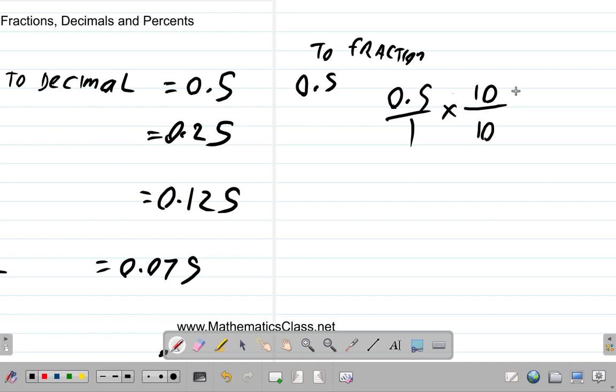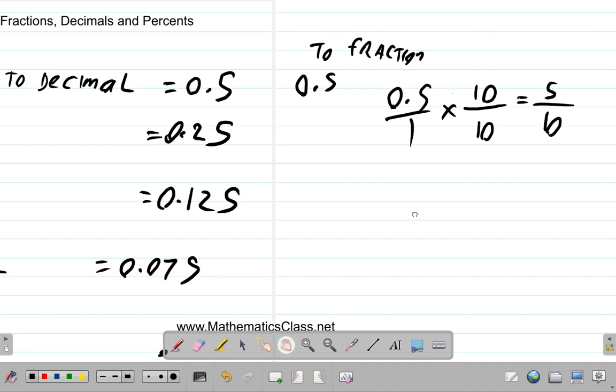When you multiply the numerator by 10, you make it 10 times bigger, so we have to compensate and put it back. Multiplying the denominator by 10 makes it 10 times smaller, right? So the top, 0.5 times 10, gives 5, and 1 times 10 is 10. So 5 over 10 is what you get.